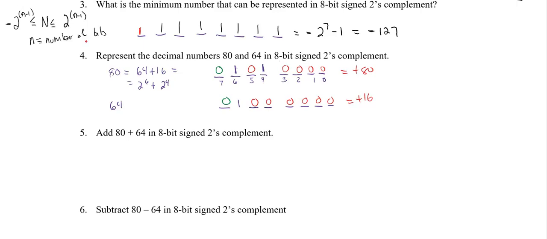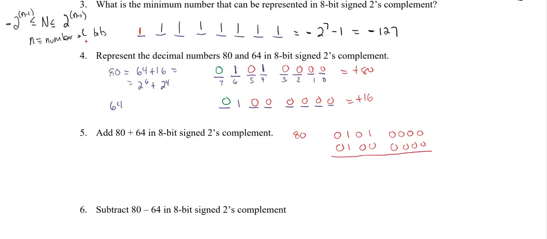So if we want to add them together, we'll take our 80, that's 0, 1, 0, 1, 0, 0, 0, 0, and 64, that's 0, 1, 0, 0, 0, 0, 0, 0.